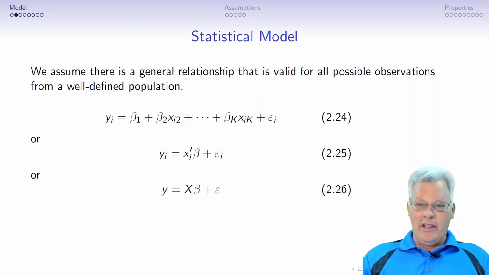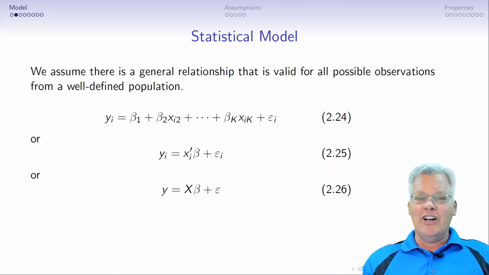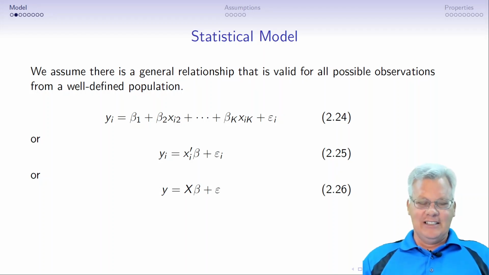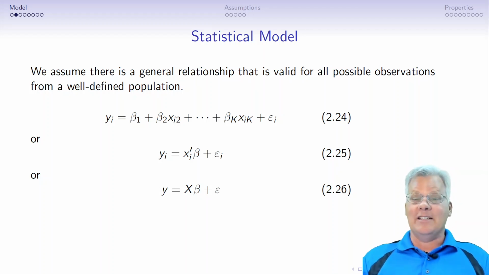The first one, given by equation 2.24, is a familiar scalar-based mathematical notation. So here we have y sub i is a function of an intercept, beta sub 1, and then we have k explanatory variables. So we have x sub 2, x sub 3, and so forth up to x sub k.